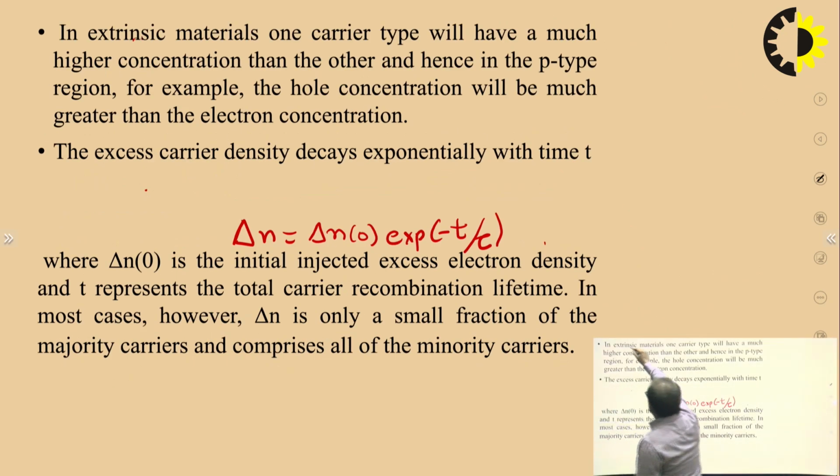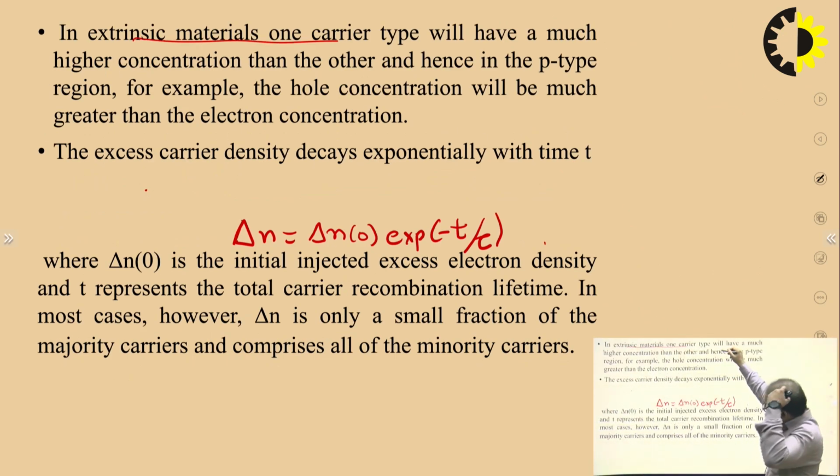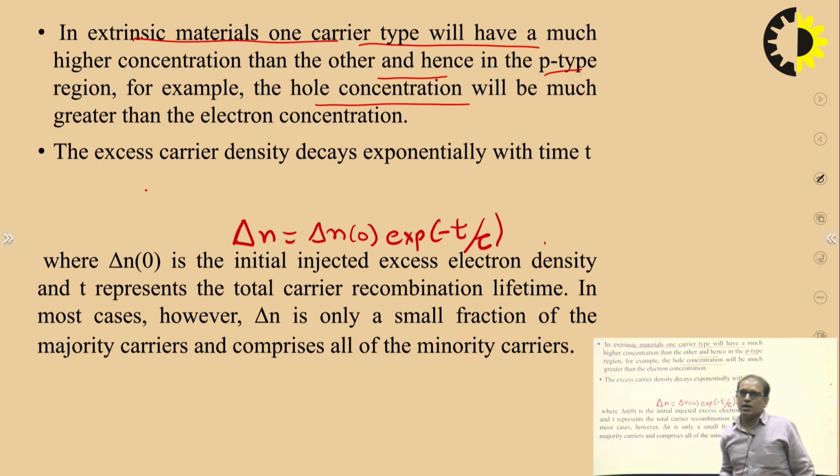In the extrinsic material, when you have doping, one carrier type will have a much higher concentration than the other. In the p type region, the hole concentration will be higher compared to the electrons.